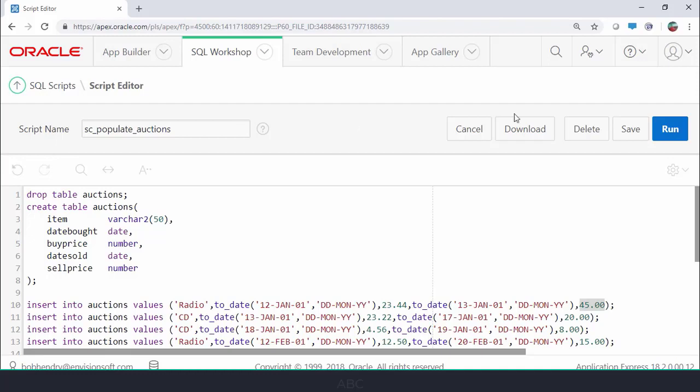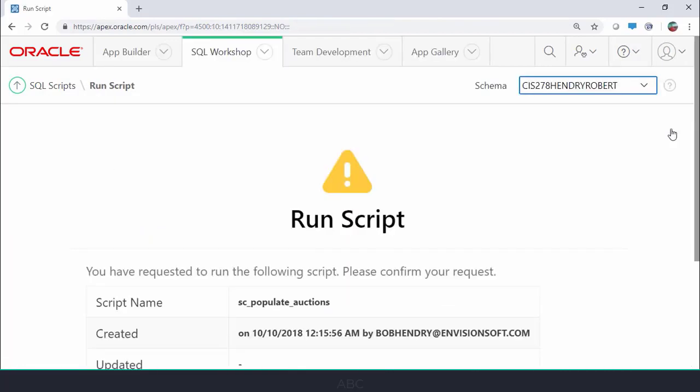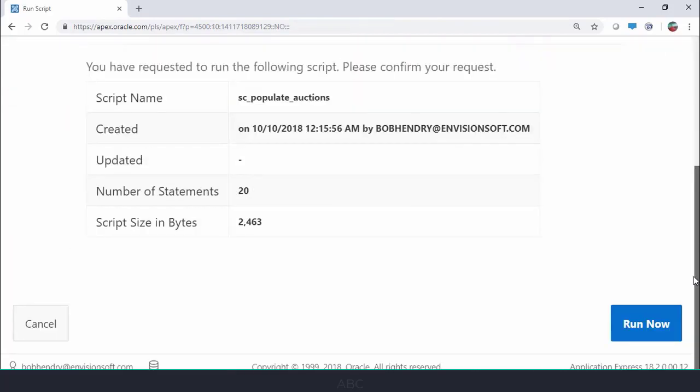So in this case, I'm going to click on Run. I'm going to run my script, and it should just run. It should, as we say in the business, it should just work. So I click on Run.